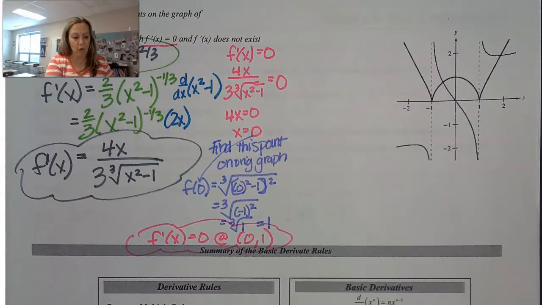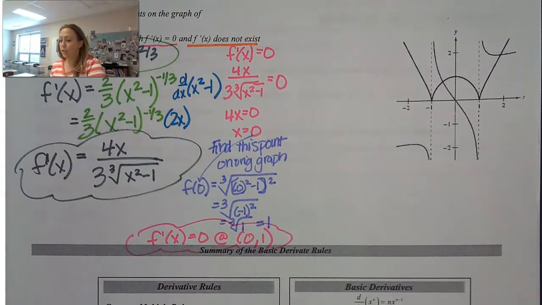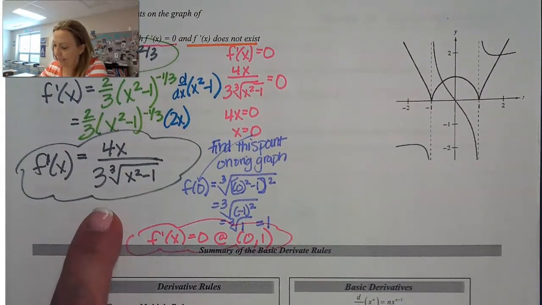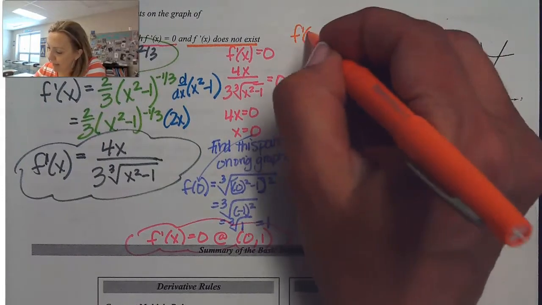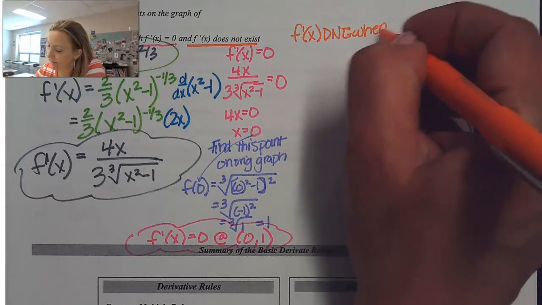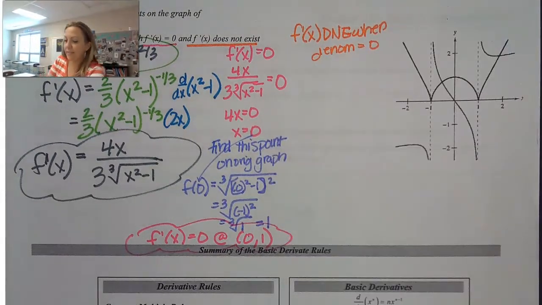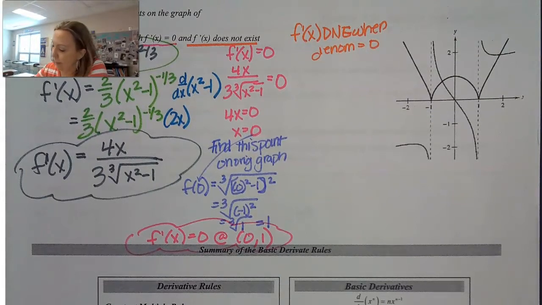Okay. Well, now it also asked about when f prime of x does not exist. So when wouldn't this exist? Well, f prime of x does not exist when the denominator equals 0, right? Because then we wouldn't be able to divide.